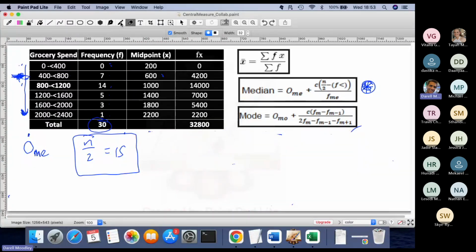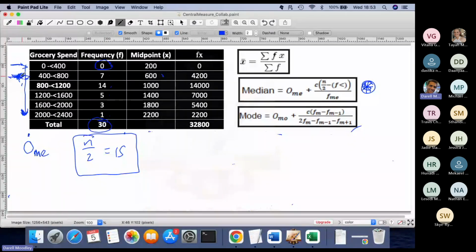Now, what we need to know is, if we had to rank these people from 1 to 30, in which interval would the 15th person be? If you look at this first interval, there's nobody there, so that 15th person can't be there, because there's absolutely no one there.